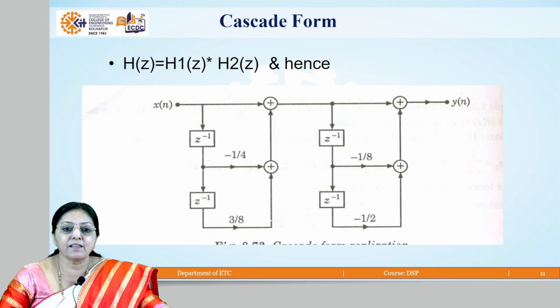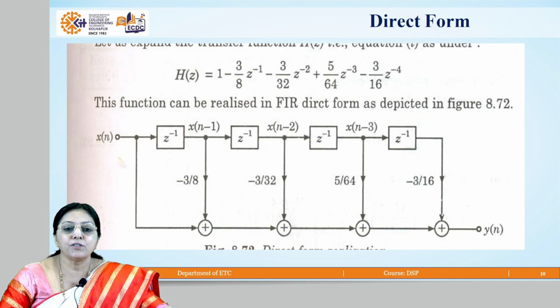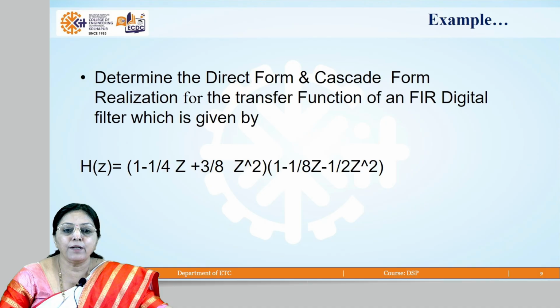Now this is the cascade realization. When you observe the given equation, there is a part that we can separate and cascade together. Observe this equation, 1 minus 1 upon 4 z plus 3 upon 8 z raised to minus 2.